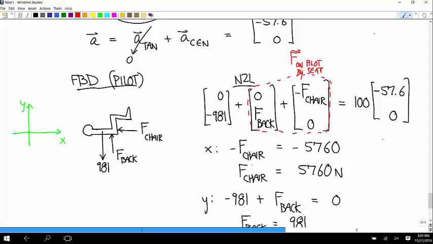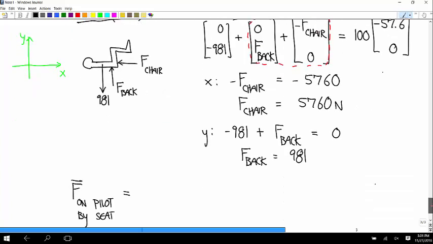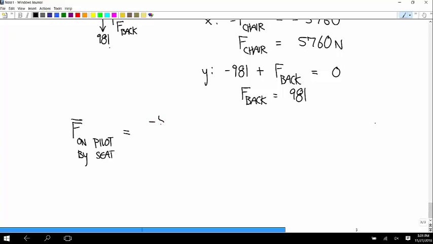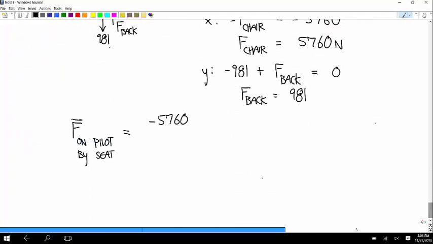So just substitute those two variable values we just found into those vectors. And you get that the force on the pilot by the seat is equal to negative 5760, positive 981.